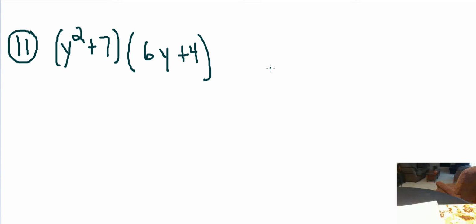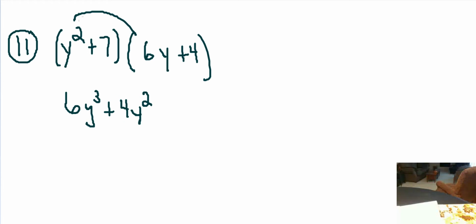Here's number 11. And what about it? FOIL. 2 binomials we have to multiply. That's what it's saying to do. Y squared times 6y is 6y to the third. Plus y squared times positive 4 is positive 4y squared.